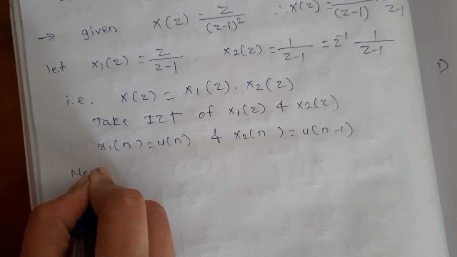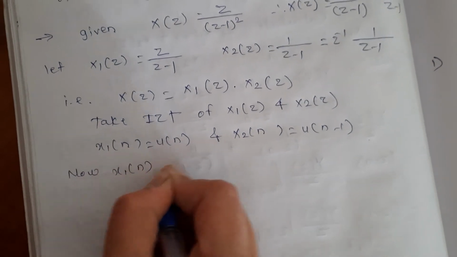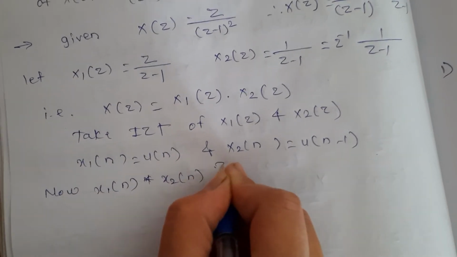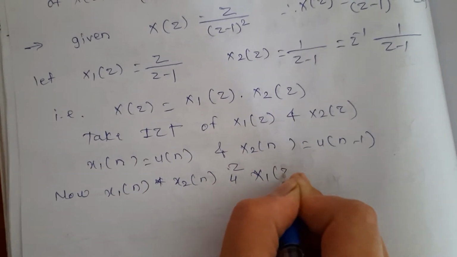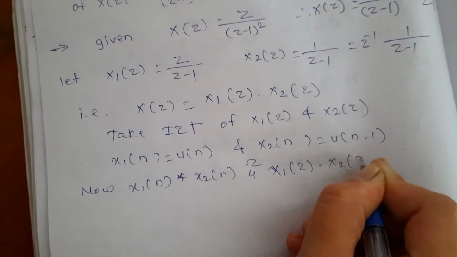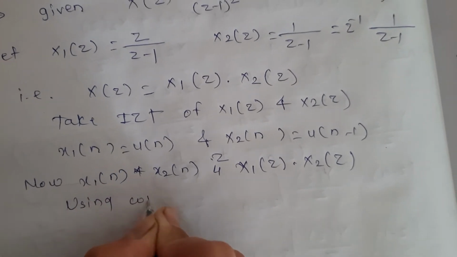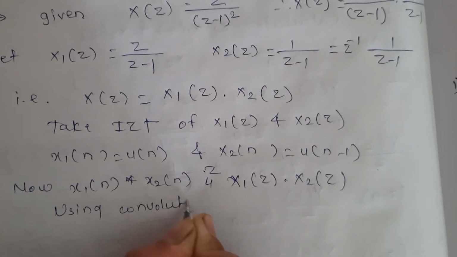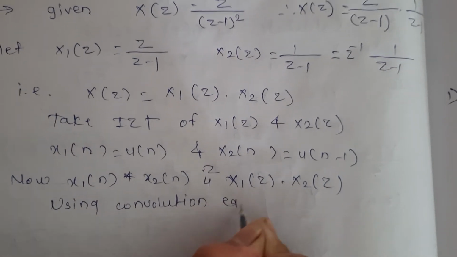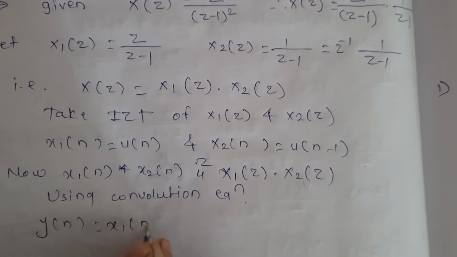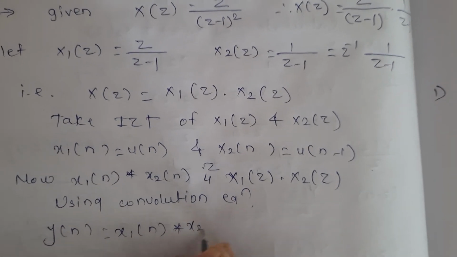Now x1(n) convolution x2(n) corresponds to X1(z) X2(z). Now using the convolution equation, we write here y(n) is equal to x1(n) convolution x2(n).